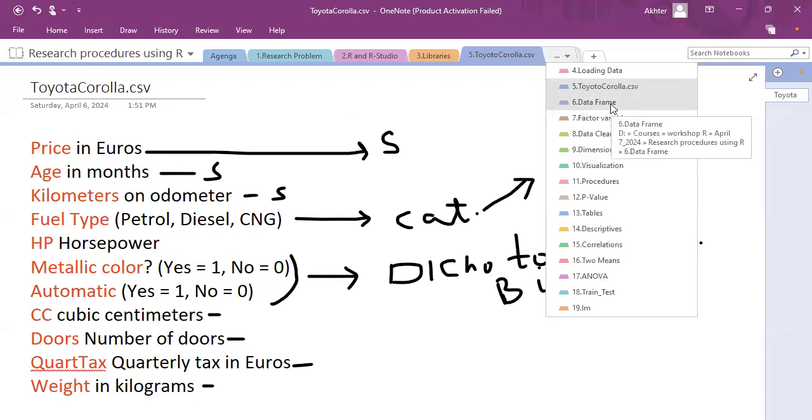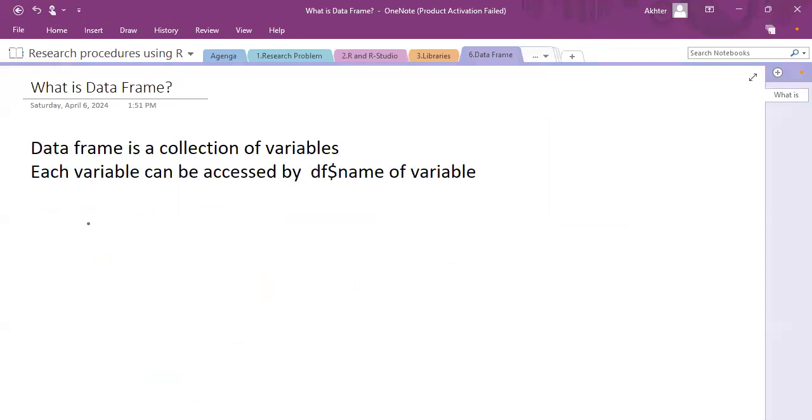Suppose I am calling it car.df. This is the name which I am choosing. You have to choose the name of the data frame, car.df or any name you like, with some restrictions. The restriction is that spaces are not allowed.